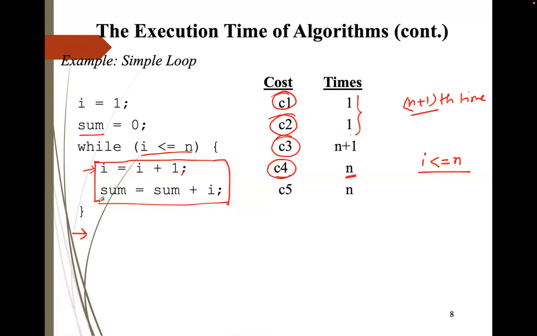This instruction will also run n times, and it has a specific cost C5. Now let's see what the runtime of this algorithm is. C1 will run 1 time, C2 will run 1 time, plus C3 will run n plus 1 times.